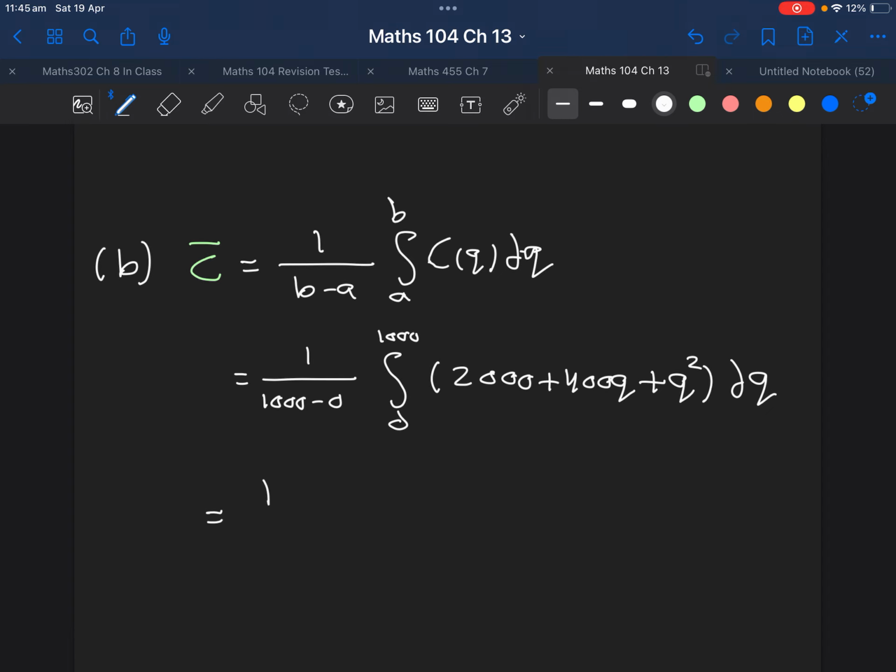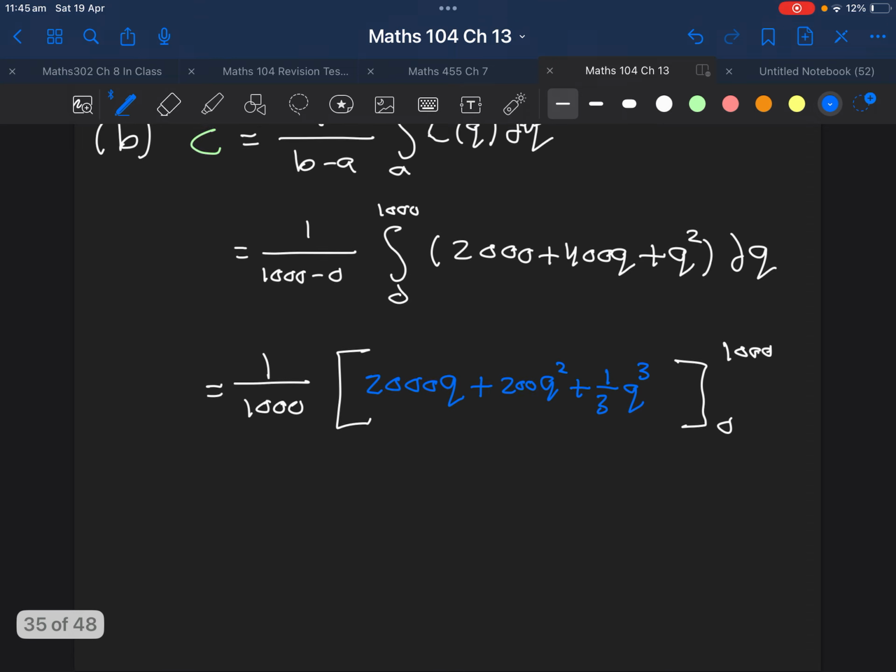And now we just find the final answer. What is the final answer? It is 2,000Q plus 200Q squared plus 1/3 Q cubed.